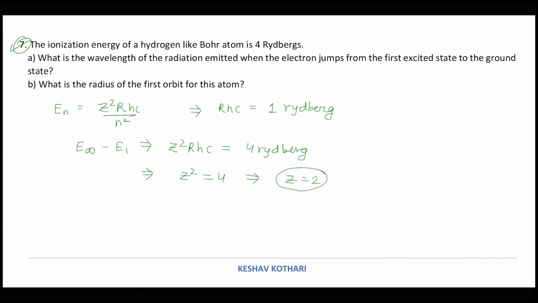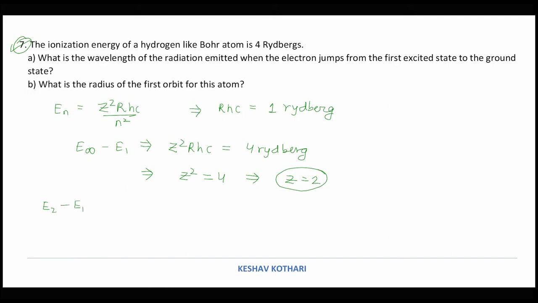Now the energy required for the transition between the first excited state and the ground state is asked. So I can say that the transition is taking place from E2 to E1. The question is asking us the wavelength corresponding to this energy gap.